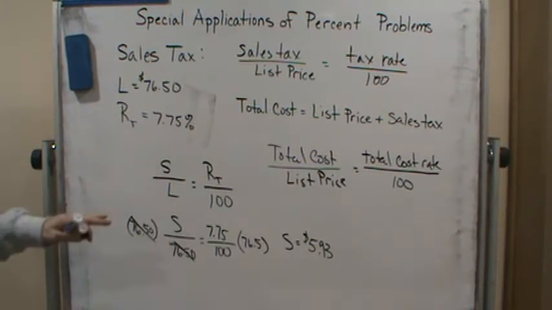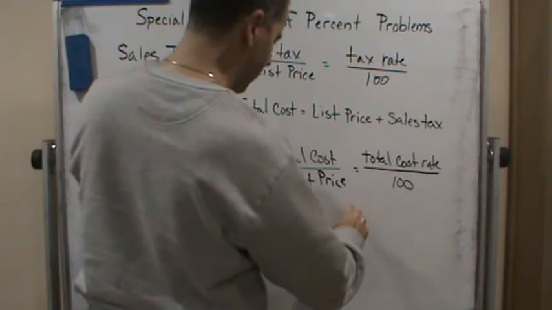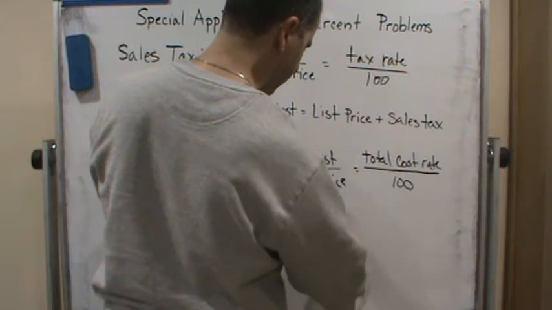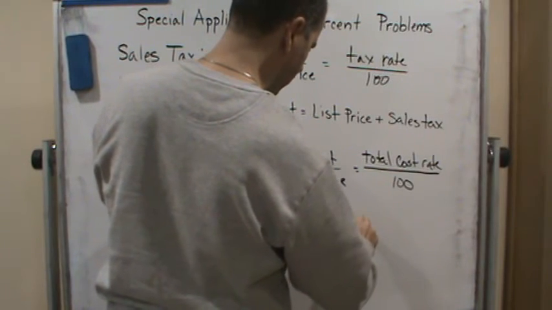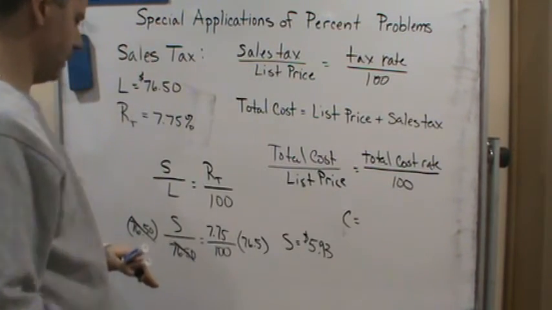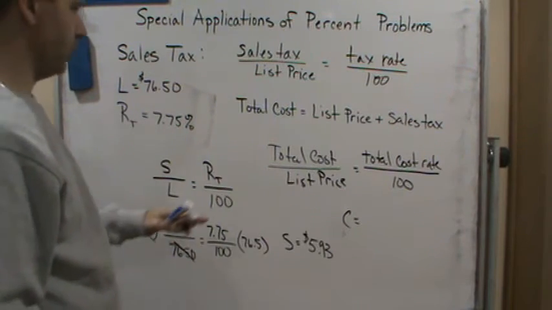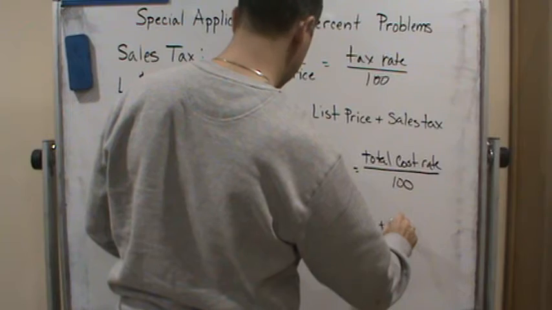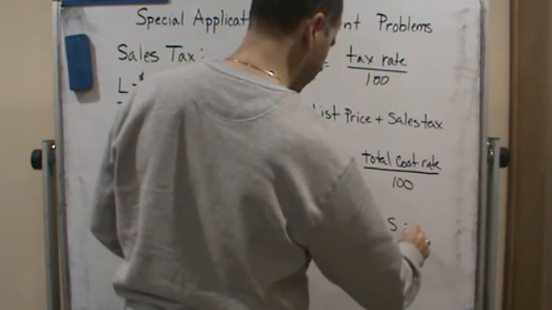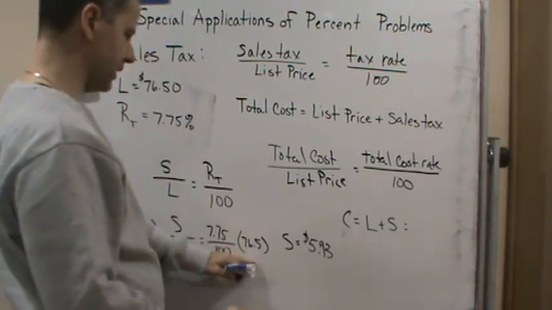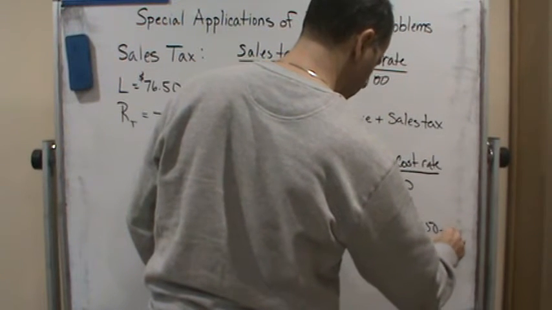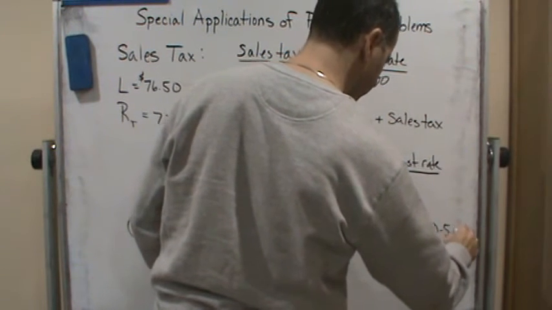$5.93. And now, okay, that's the sales tax. They want the total cost. So the total cost is going to be what? Total cost, I'll put that C. So the total cost, C, is equal to the list price, L, plus the sales tax, S. And so in this case, it's going to be $76.50 plus the $5.93.